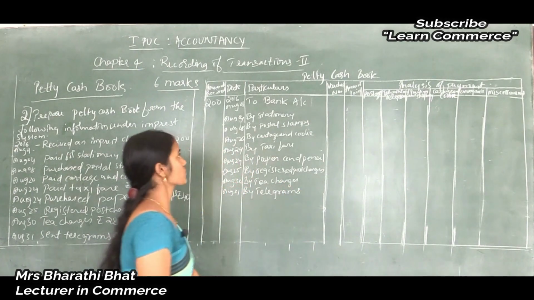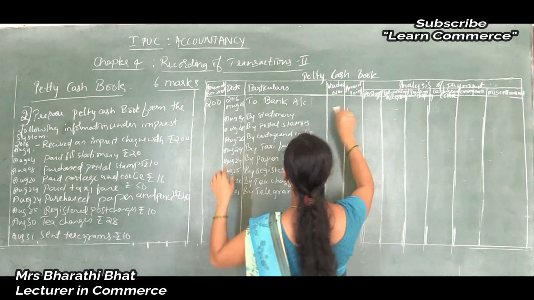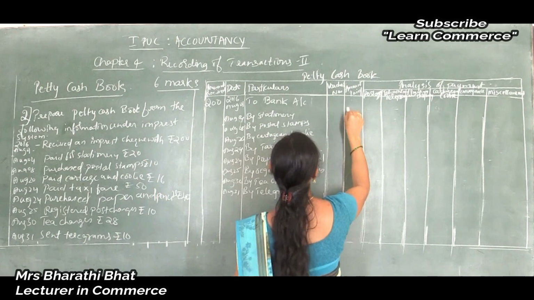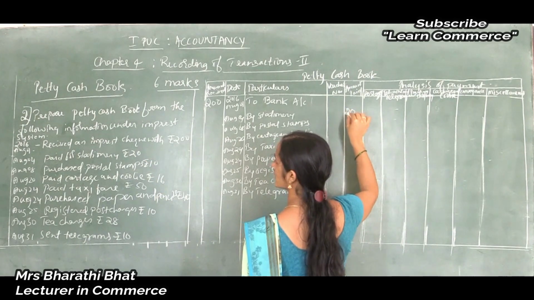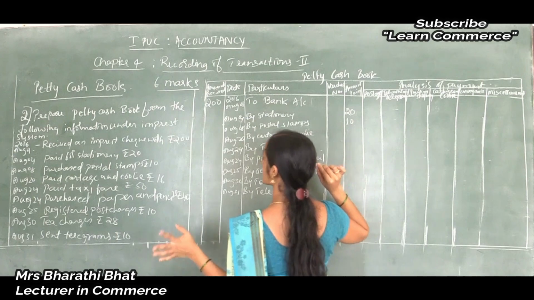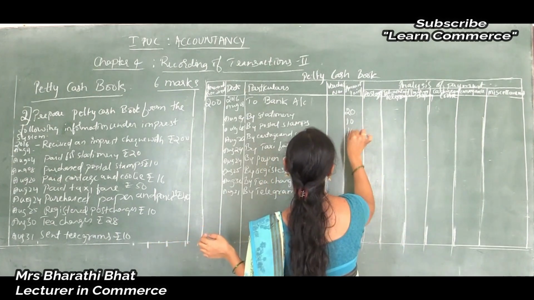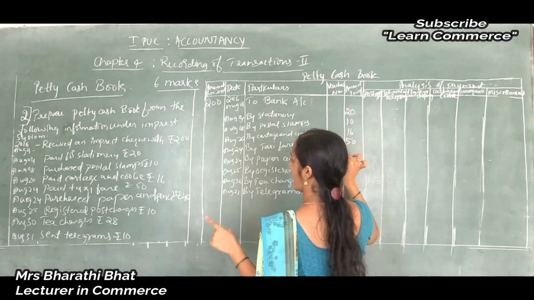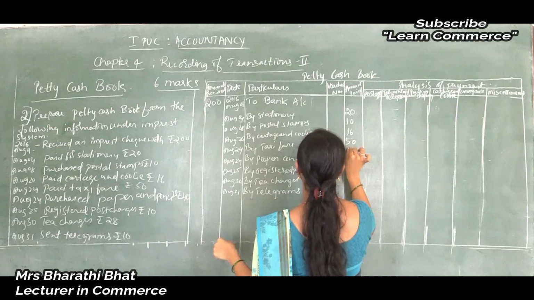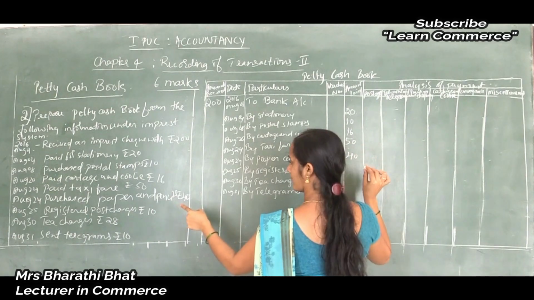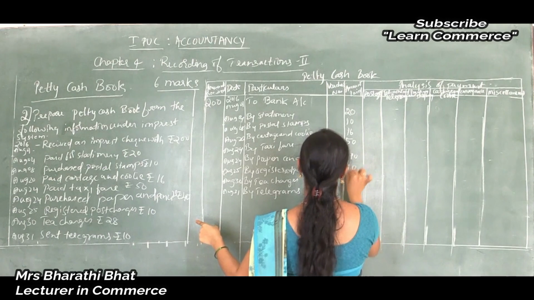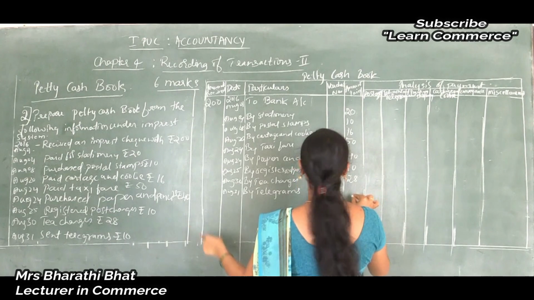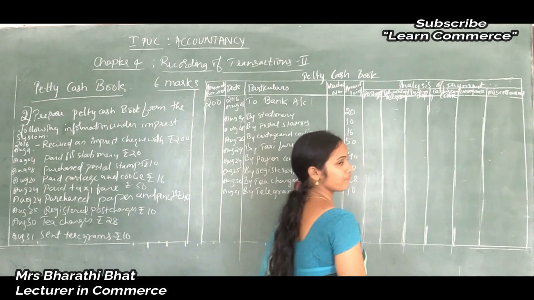Okay, so write the amount in front of the concerned columns. In the amount paid column, first paid for stationery 20, postage 10, very small expenses, paid cartage and coolie 16, paid taxi fare 50, and purchased paper and pencil 40, registered post charges 10, tea charges 28, sent telegrams 10. Clear now?